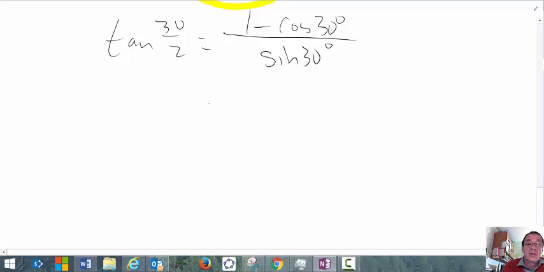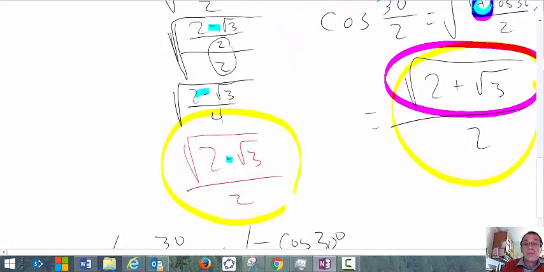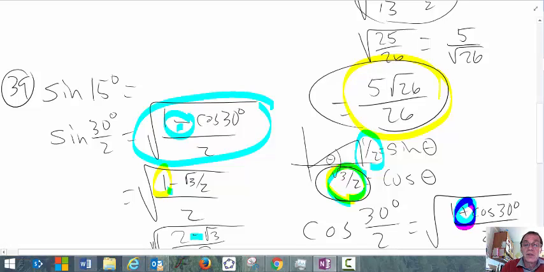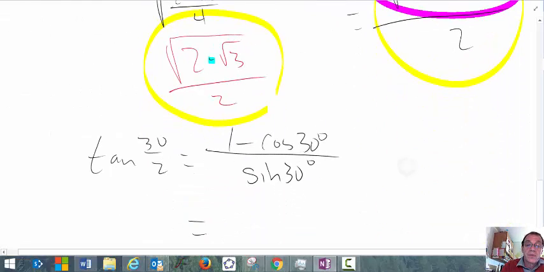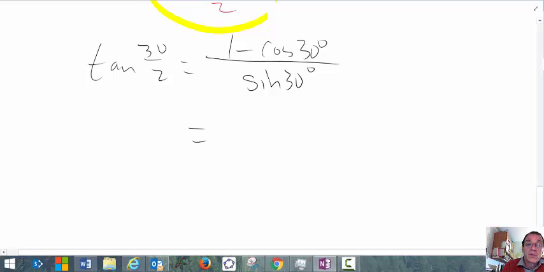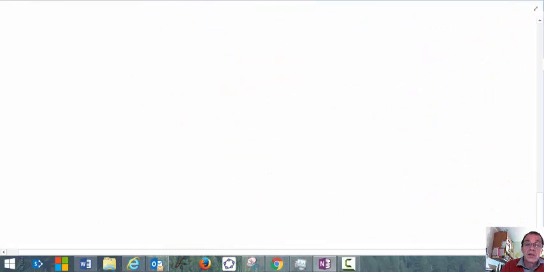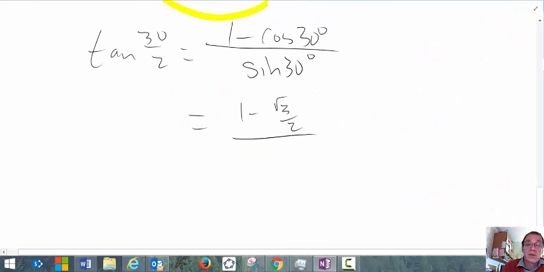You're going to see that this is actually really quick. The cosine of 30 degrees we said was root 3 over 2. So I'm going to put 1 minus root 3 over 2 on the top, and on the bottom I've got the sine of 30 degrees, which is 1 over 2. Oh, if this were only a fraction right here, I think we can do that.